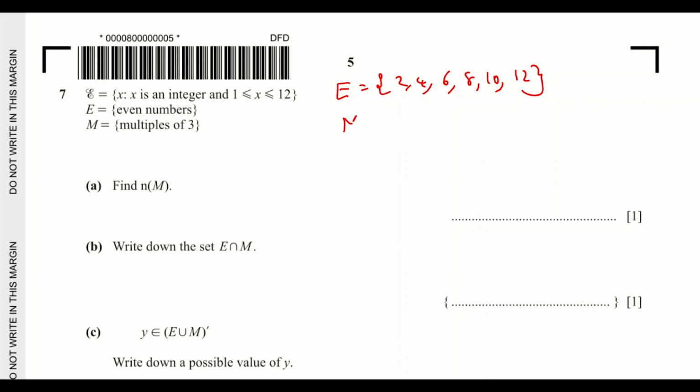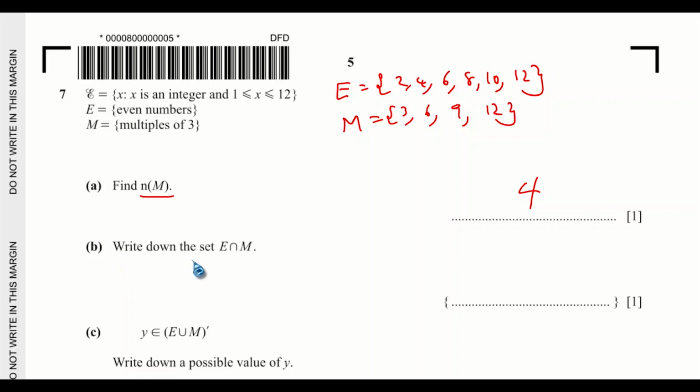Then set M will be multiples of 3. That will be 3 times 1, 3, 3 times 2, 6, 3 times 3, 9, 3 times 4, 12. Okay, so these are sets E and M respectively. Okay, so now to get the number of elements in set M, that's the cardinality. So we have 1, 2, 3, 4. So we have 4 elements or 4 members in set M.